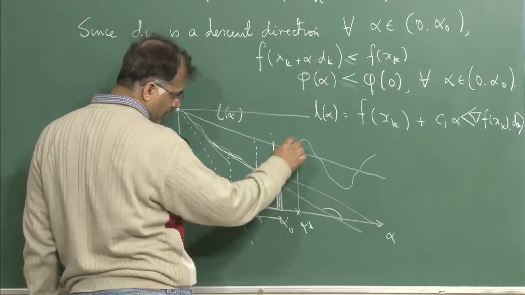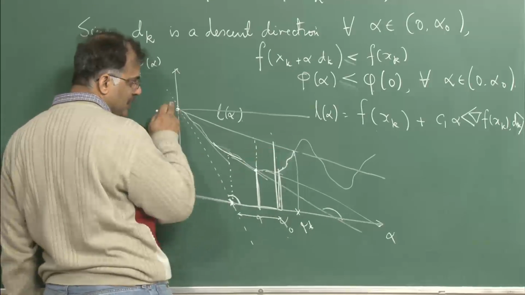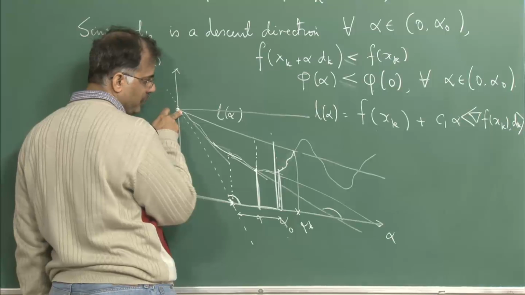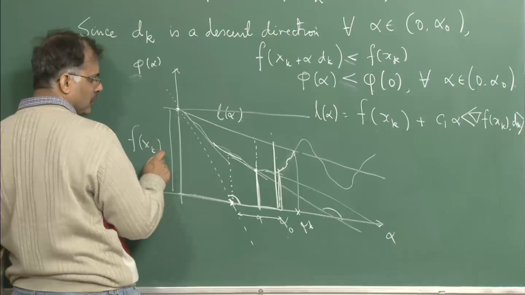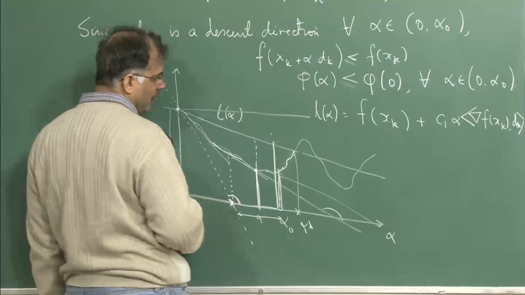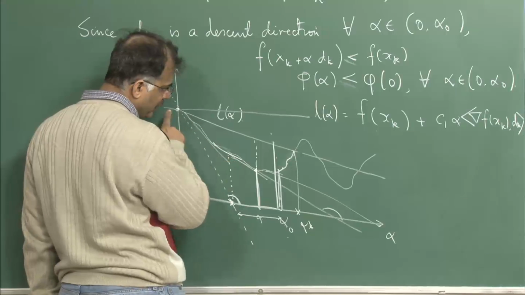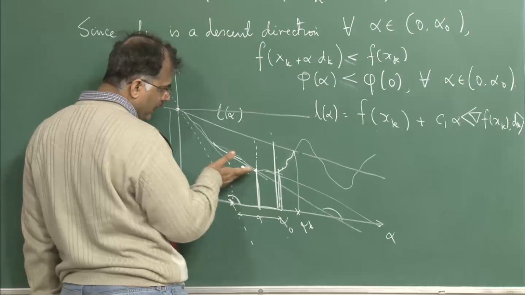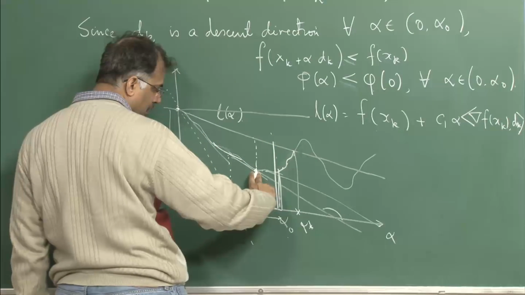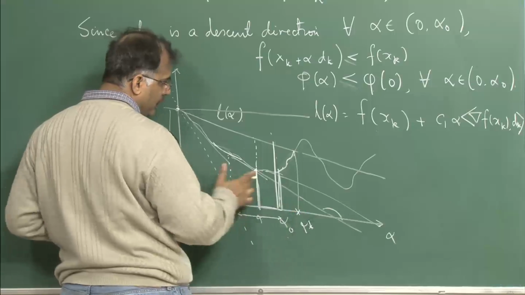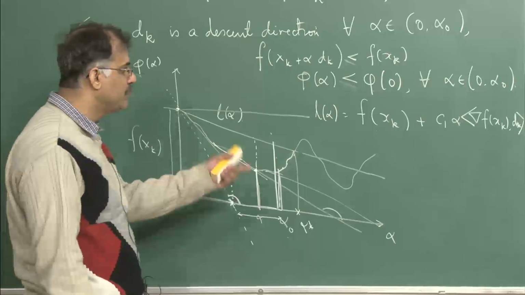In this particular picture, starting from alpha dash, all the function values are less than f of xk. The function comes down after f of xk in a neighborhood, takes the minimum value in this interval, and then starts rising up until it hits this curve, that is, it becomes equal.